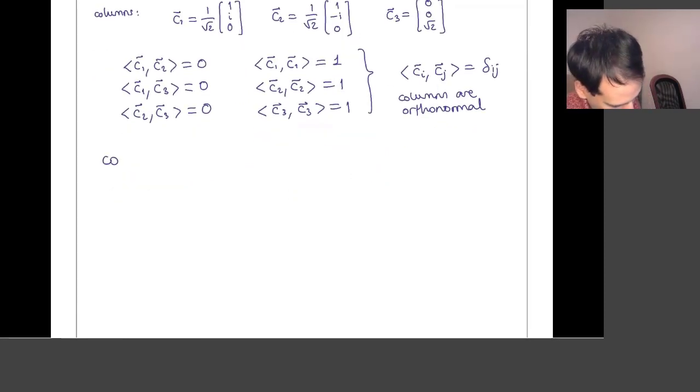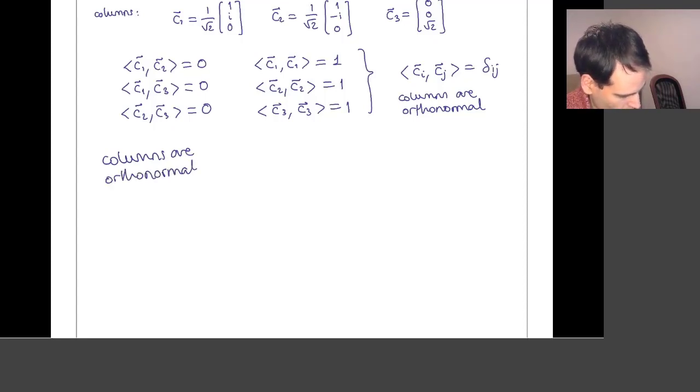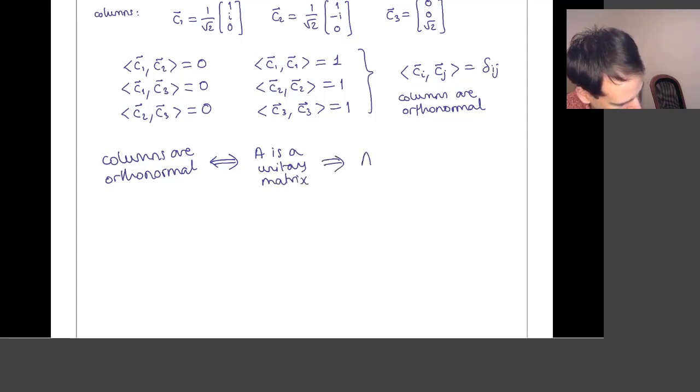So columns are orthonormal means that A is a unitary matrix, and this means that the inverse of A is the A dagger, Hermitian conjugate of A, which is A complex conjugate transpose.